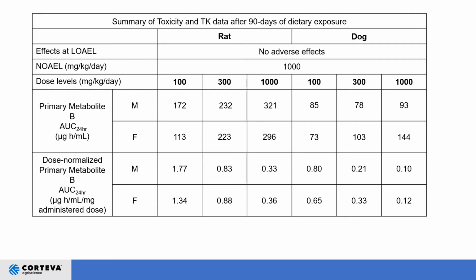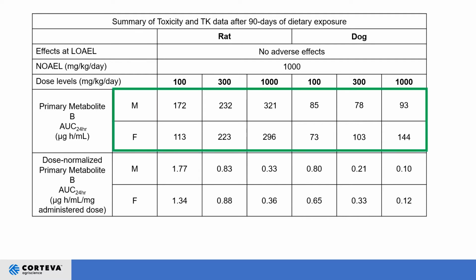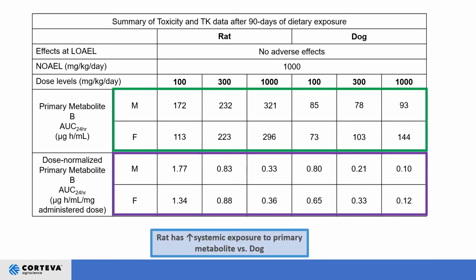Data from repeat dose TK evaluations, which were collected at the end of a 90-day dietary toxicity study and measured levels of the primary metabolite B, indicate that rat has higher systemic exposure than the dog. Dose normalized data provide a similar trend. Overall, the conclusion is that there is higher systemic exposure to primary metabolite B in the rat.